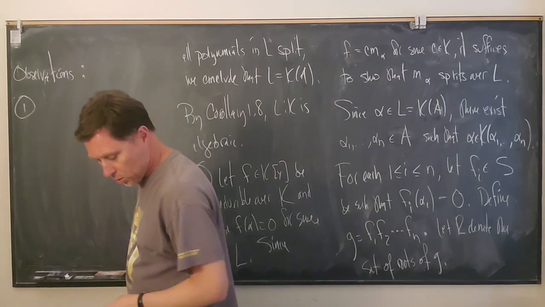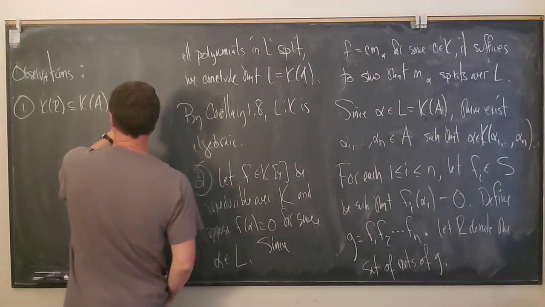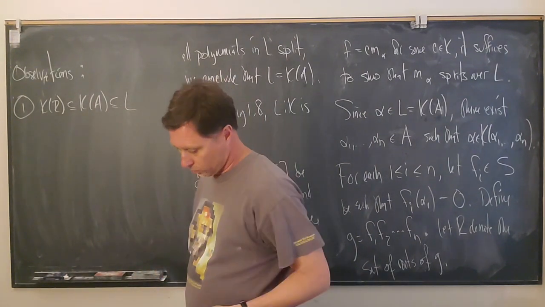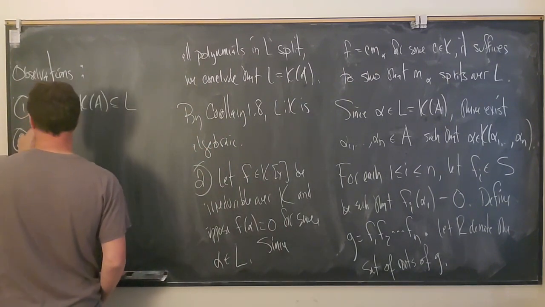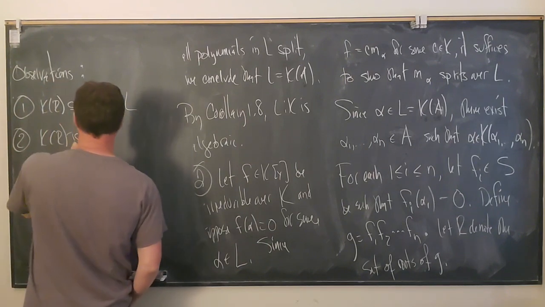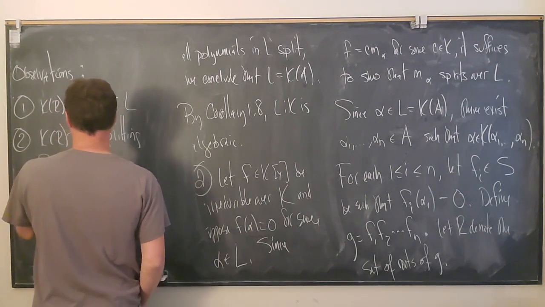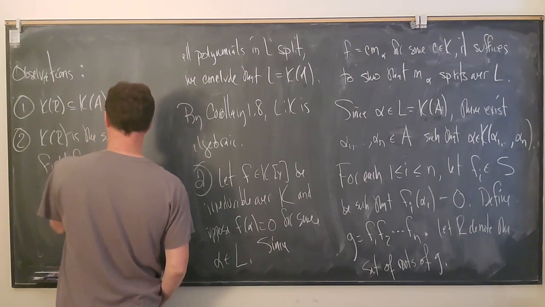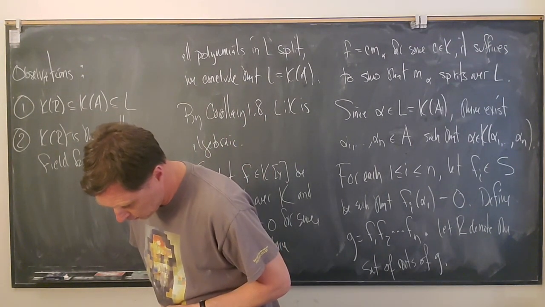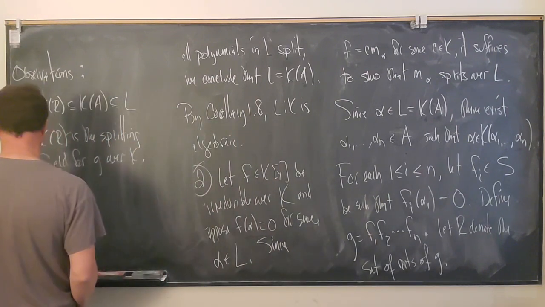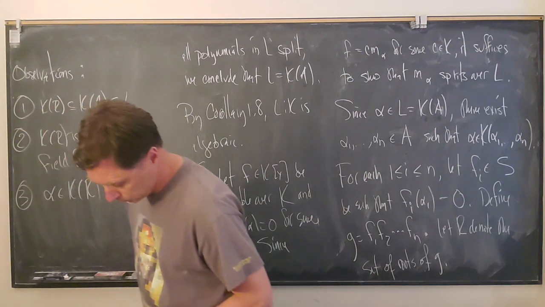The first one: we know that K adjoin R is contained in K adjoin A, which is contained in L. Second is that K adjoin R is the splitting field for G over K. The third is that alpha is an element of K adjoin R. And why is that?